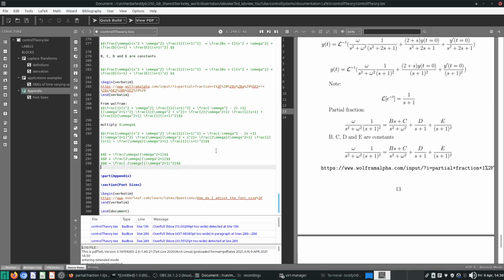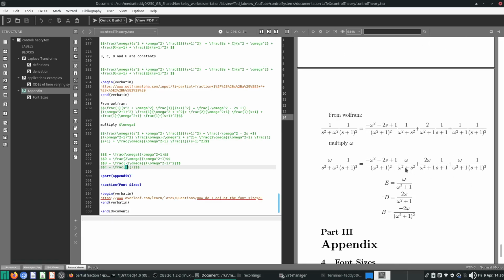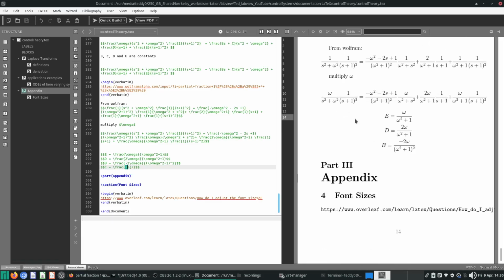And then what is c? Depending on whether omega changes, c will also change in value. So c is actually omega, 1 minus omega squared, over this whole denominator here.